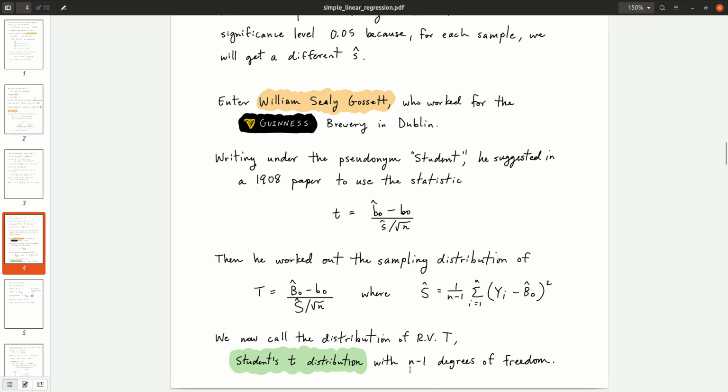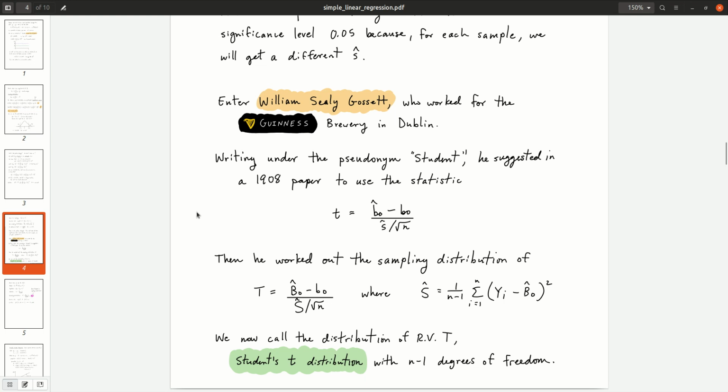In this case, that parameter is equal to n minus 1. So the cool thing about this is once we construct this estimator, we know what the distribution is. It's a t-distribution. And that distribution does not depend on things that we don't know, such as the variance of the distribution used to model the data.